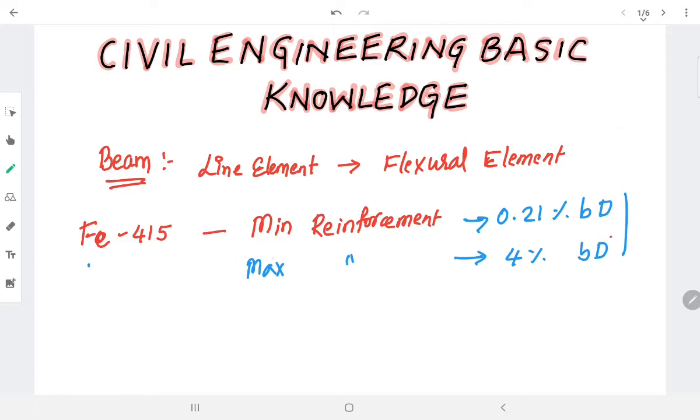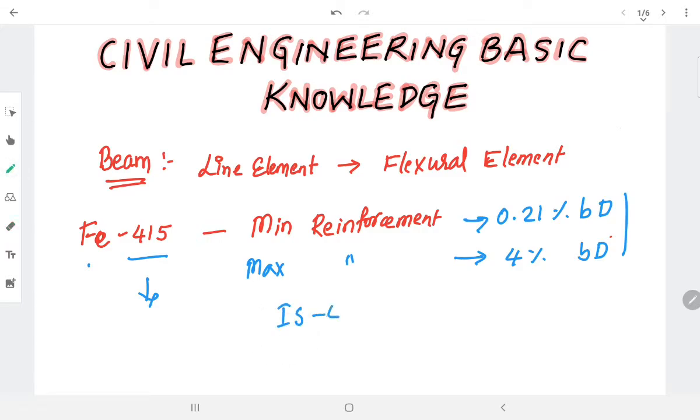And for Fe500 grade there is an equation, As by bd equal to something.